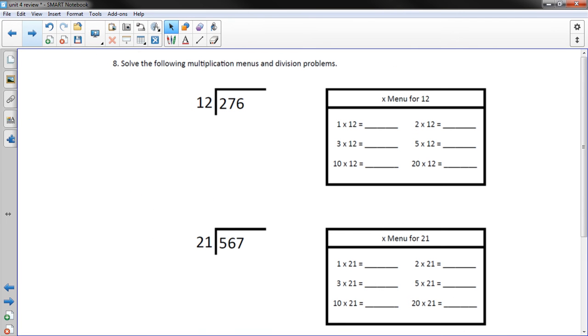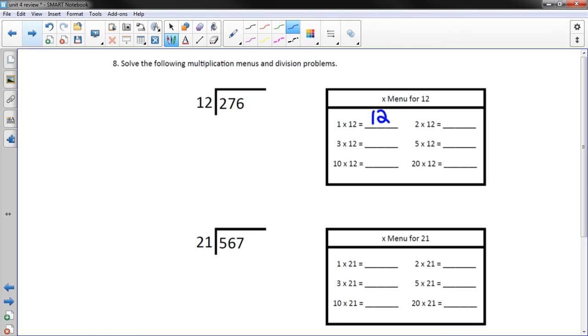Okay, number 8 is some division problems. We've done this before, so hopefully this won't take too long. I'm going to divide 276 in the first problem by 12, and we've been using multiplication menus.